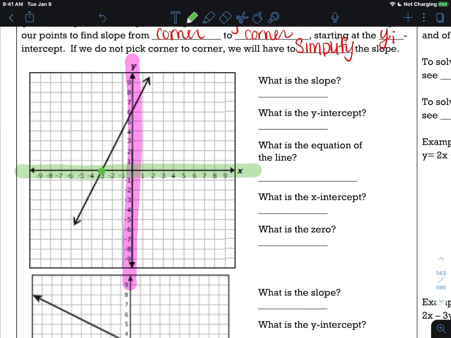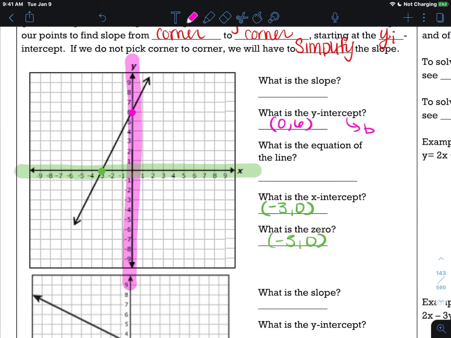And so my x-intercept is located over here at -3, 0. Remember, we always write that as x, y. My 0 is the same exact thing. Some people might ask you just for the number, so you would just say my 0 is -3. I'm also concerned with my y-intercept up here at 0, 6. That is my b value.